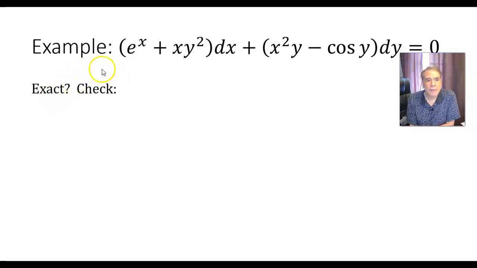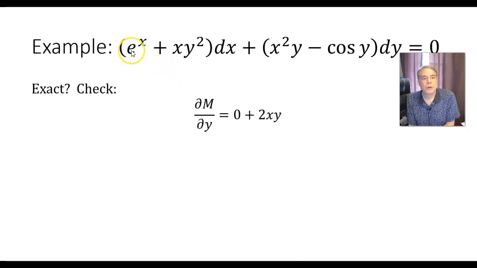So here we have the differential equation, e to the x plus xy squared times dx plus x squared y minus cosine y times dy equals 0. First, is this an exact equation? Let's check. First we check the partial of M with respect to y.